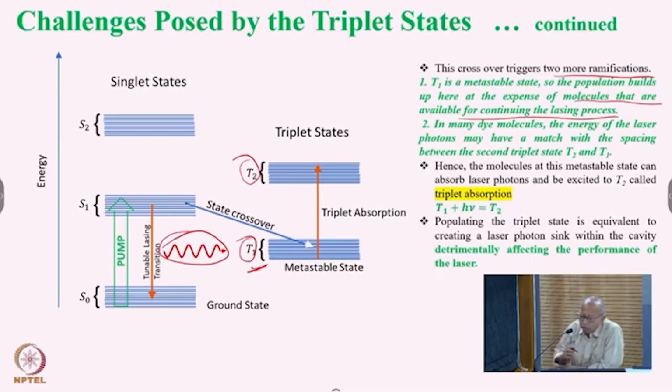Therefore, the molecules at this metastable state can absorb the laser photon and be excited to T2. This is called triplet absorption.